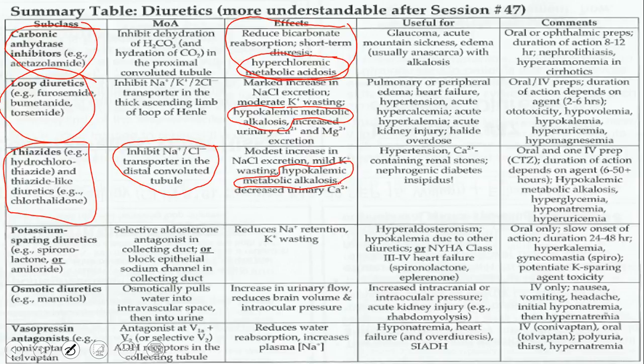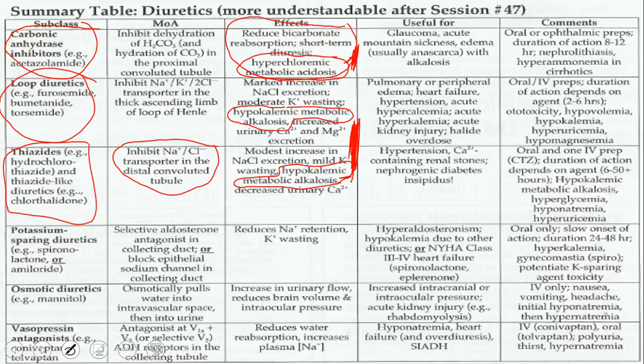So both thiazides and loop diuretics have the hypokalemic metabolic alkalosis, whereas the carbonic anhydrase inhibitor is the one that has the hyperchloremic metabolic acidosis. So alkalosis, acidosis, potassium, chloride, hyper and hypo.